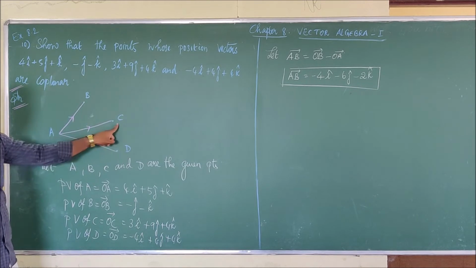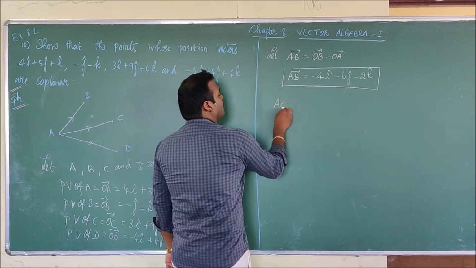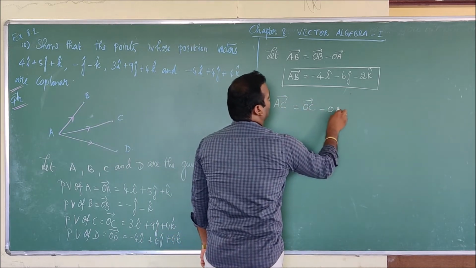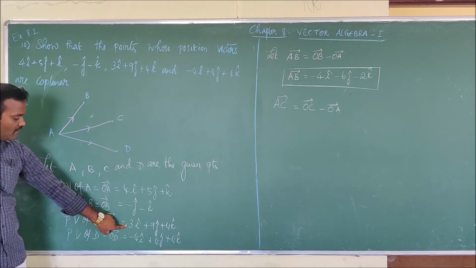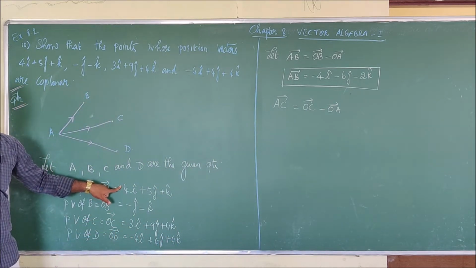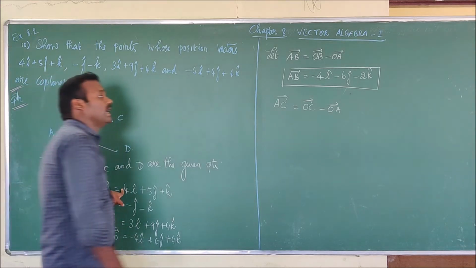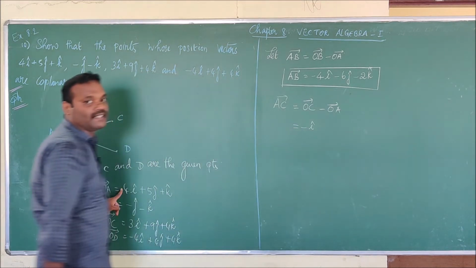Next we are going to frame the AC vector. So AC vector is equal to OC vector minus OA vector. Here you have OC vector, here you have OA vector. Subtract this. 3i cap minus 4i cap is minus i cap.